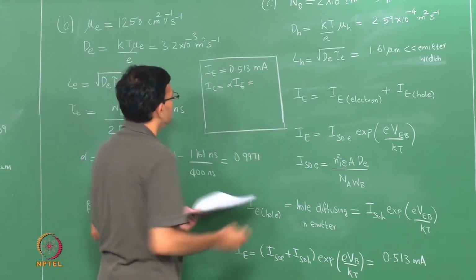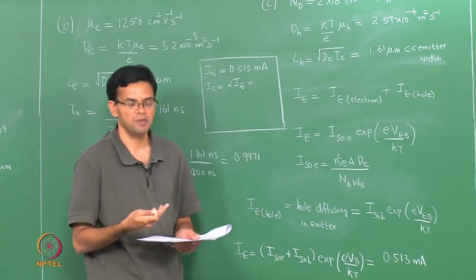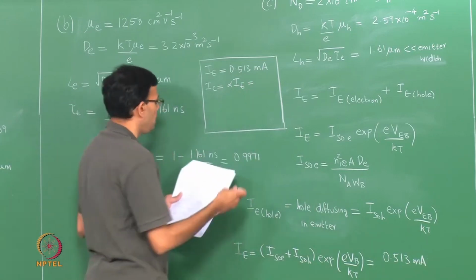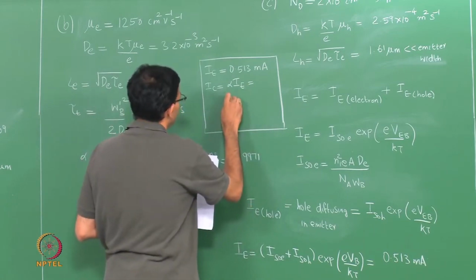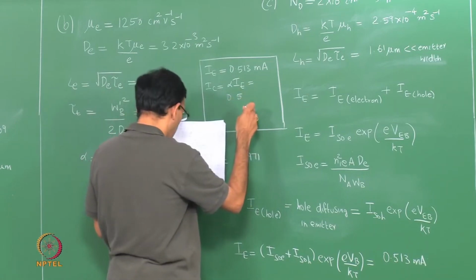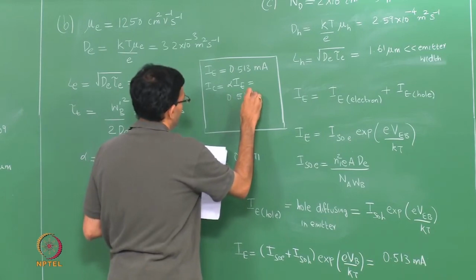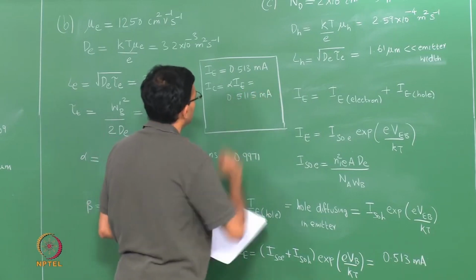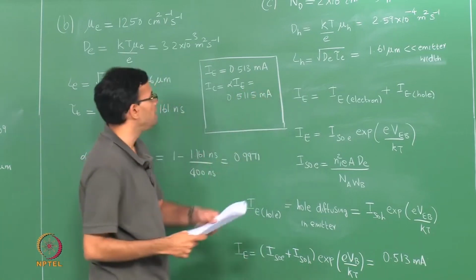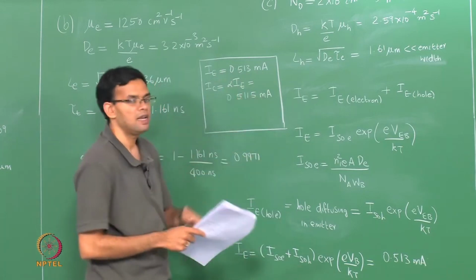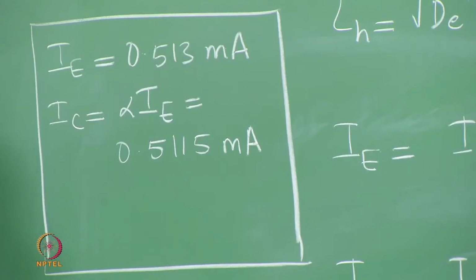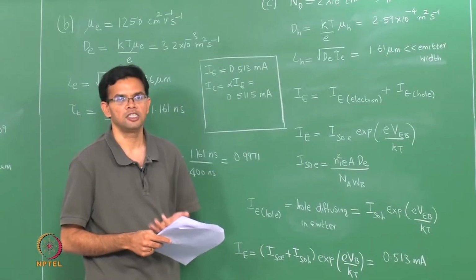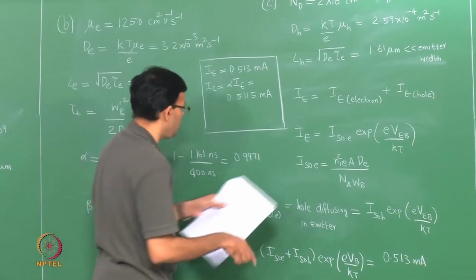So, IC is nothing but alpha times IE. Your alpha is the value of 0.9971. So, that this is 0.5115 milliamps. So, almost all the emitter current is nearly transferred to the collector. Small portion of the current is essentially lost in the base due to recombination.